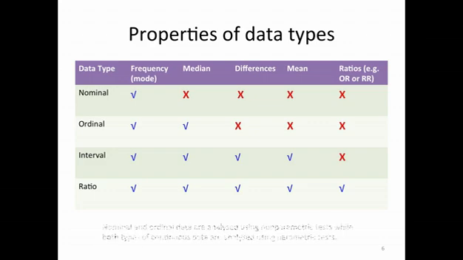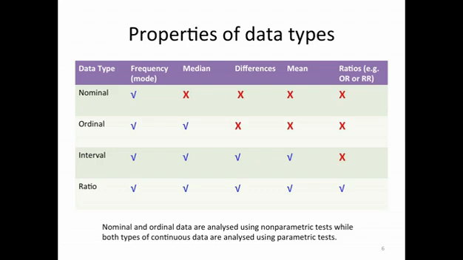With interval data, we can measure mode, we can measure median, we can also measure mean. In addition, differences are meaningful for interval data. With ratio data, we can measure all of these properties. In addition, we can also obtain ratios, which are meaningful, fractions.